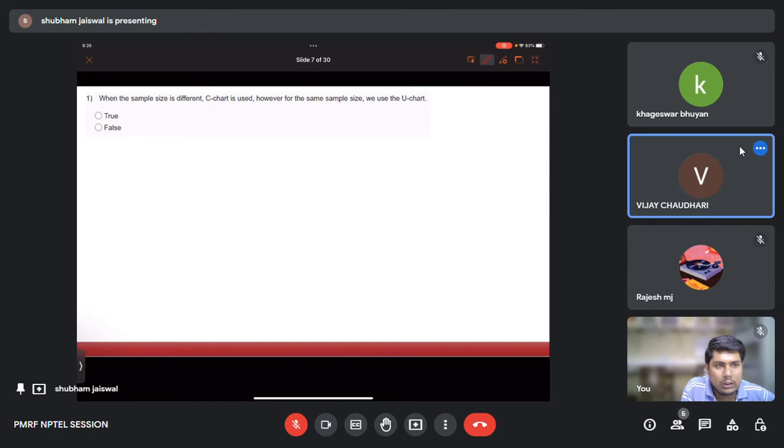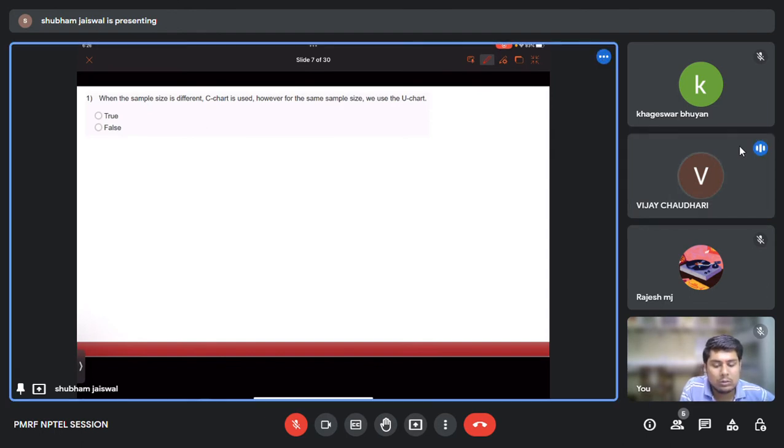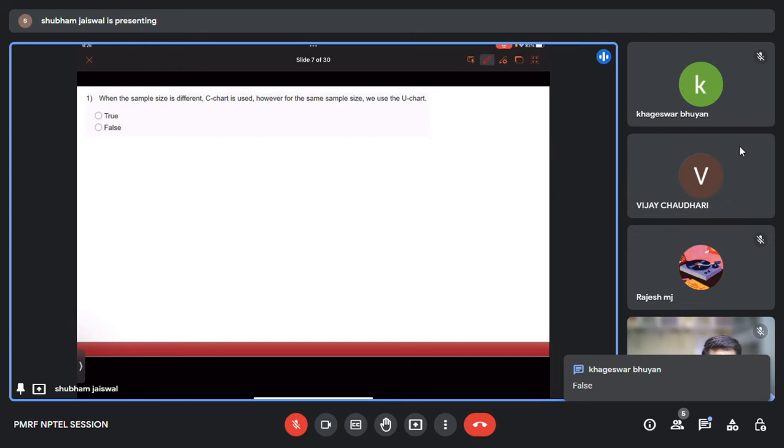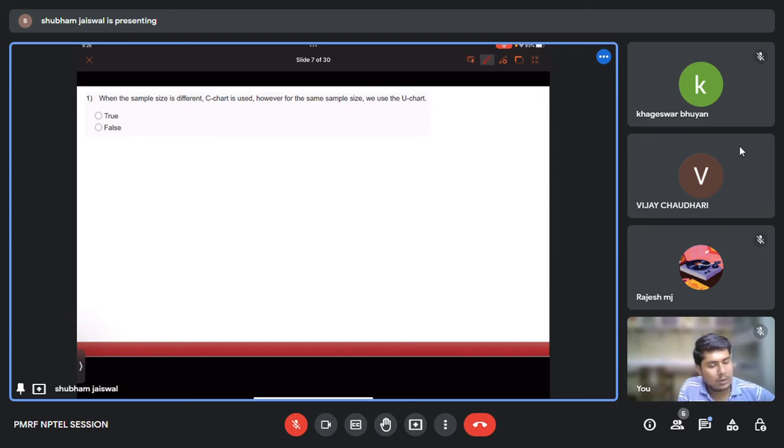False. And why is it so? When sample size is fixed, C chart is used. Thank you, Vijay, you are correct. We use C chart and U chart for number of defects, per unit.